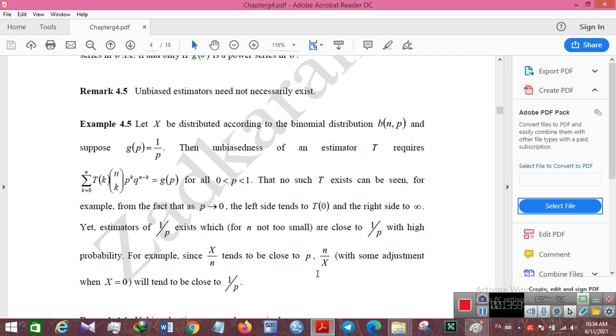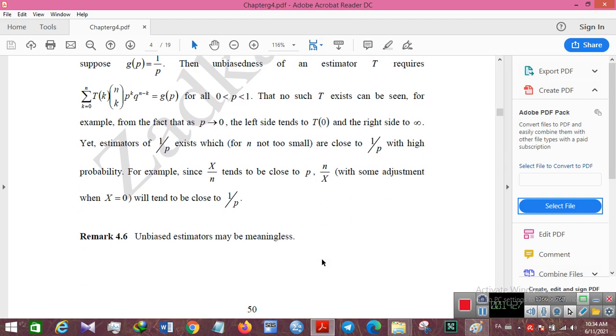We want to select n over X as the closest to 1 over p, only with an adjustment for X equals 0, because if you put X equals 0, this ratio is infinity.